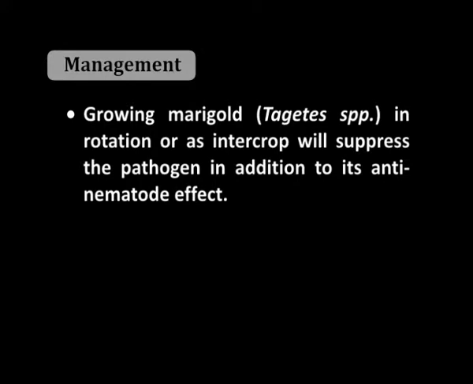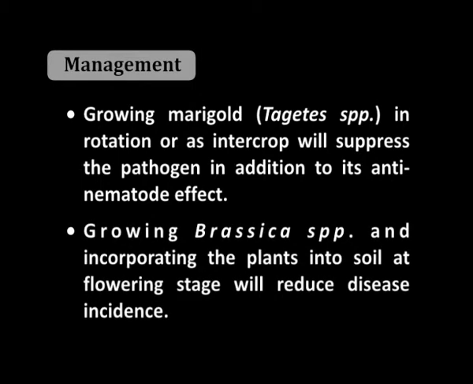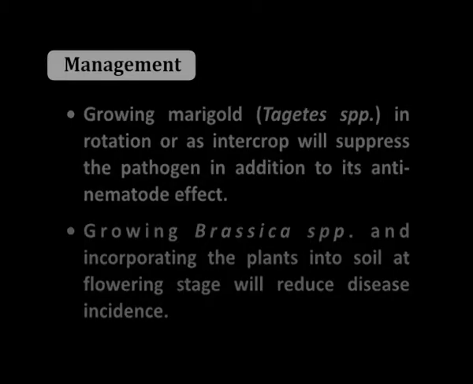Growing marigold in rotation or as intercrop will suppress the pathogen in addition to its anti-nematode effect. Growing brassica species and incorporating the plants into soil at flowering stage will reduce disease incidence.